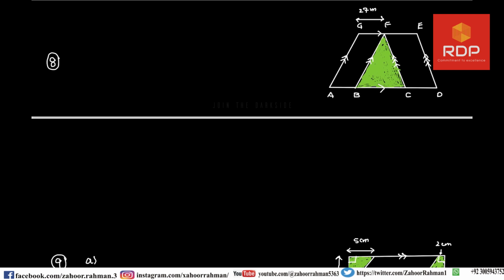So first of all, we have to find the area of the parallelogram. The area of which parallelogram? ABFG. The area of ABFG is equal to 702 divided by 2, and that will be equal to 351 meters square.